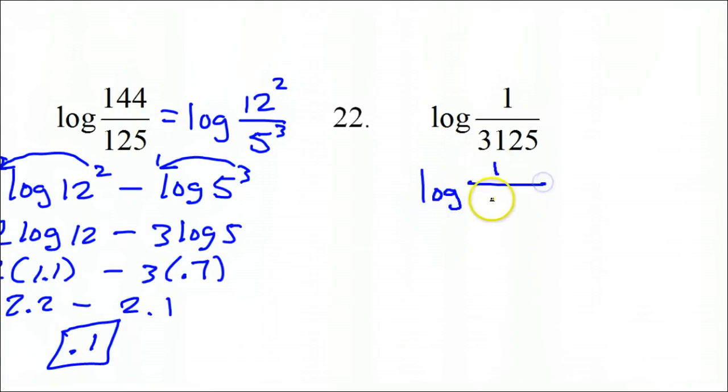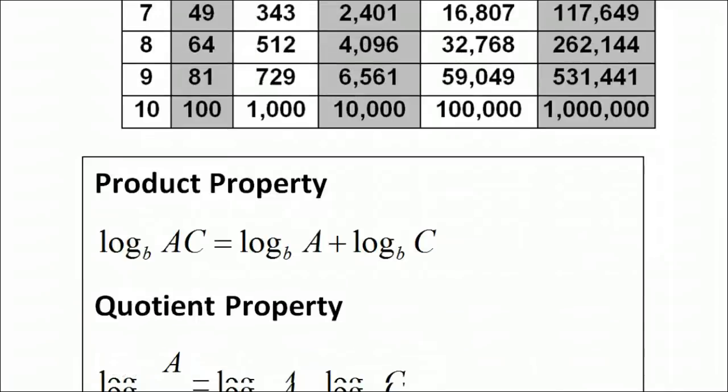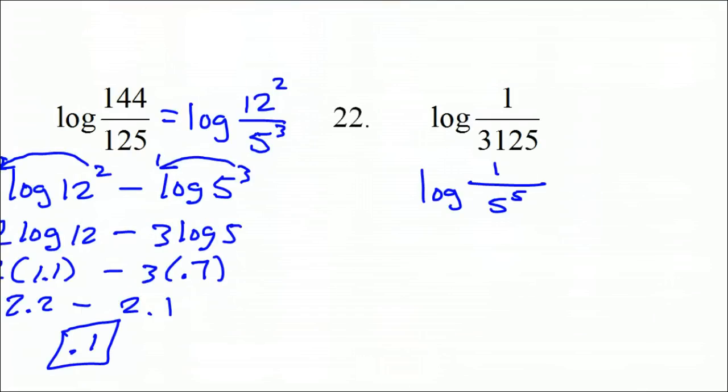There's more than one way to do this, but one way is to use the quotient rule. Since we have a fraction, we can turn this into subtraction. So this will be like having log 1 minus log 5 to the 5th power.